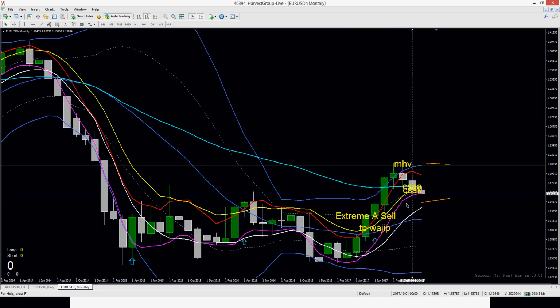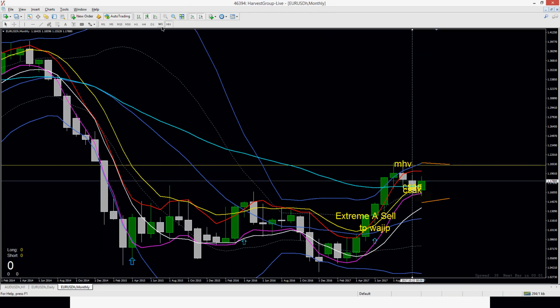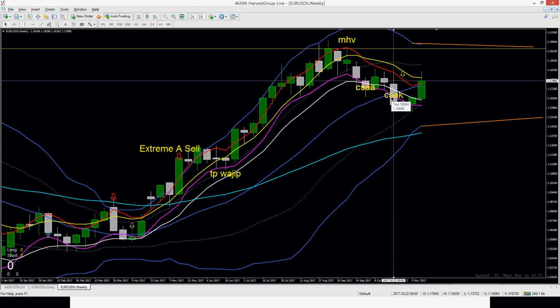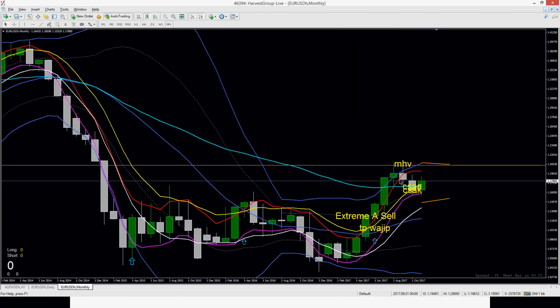And look, if you look at a higher time frame, there shouldn't be a re-entry buy. So right now, this candlestick Arakuko at the weekly is still invalid because of this particular setup at the monthly time frame.